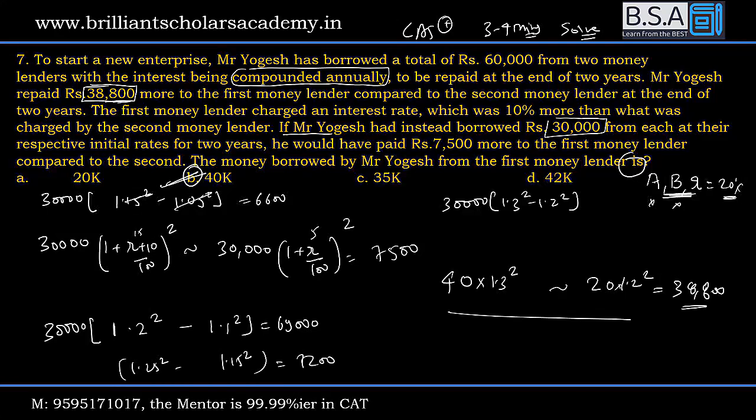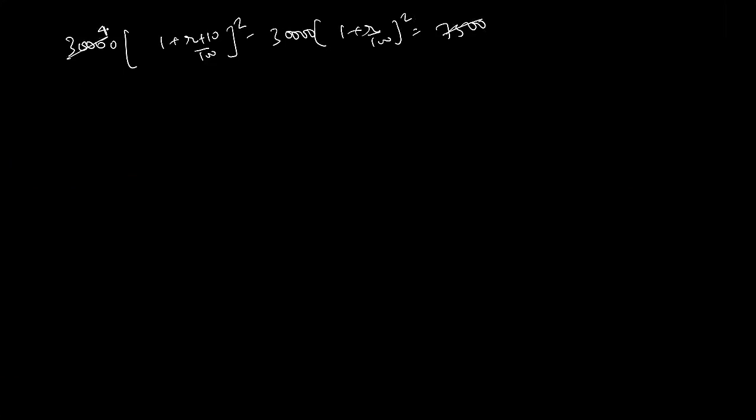One way I could reduce the calculation to some degree, I'll add an extra screen to this. I cannot come back to the screen, and I cannot look at your chats right now. Once you reach this stage, where 30,000 into 1 plus R plus 10 upon 100 square, minus 30,000 into 1 plus R upon 100 square, is equal to 7,500, you see, this is directly 4 times.